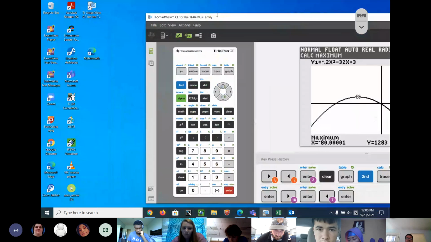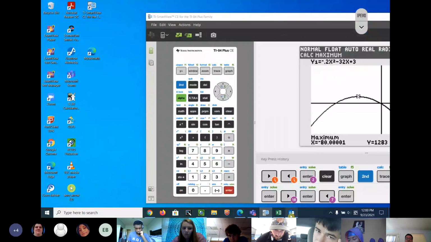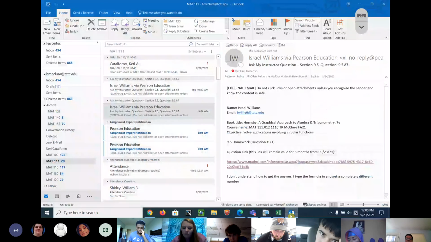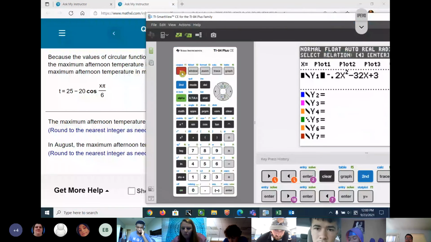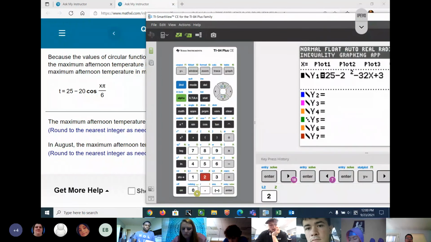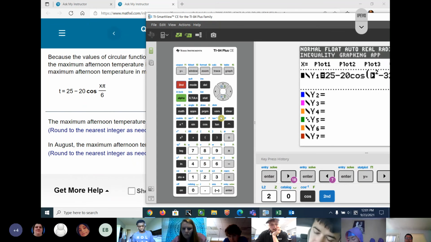Why does it do that? That is so annoying. Hold on. I'm going to graph this guy. Y is equal to 25 minus 20 cosine of parentheses pi times x divided by 6.